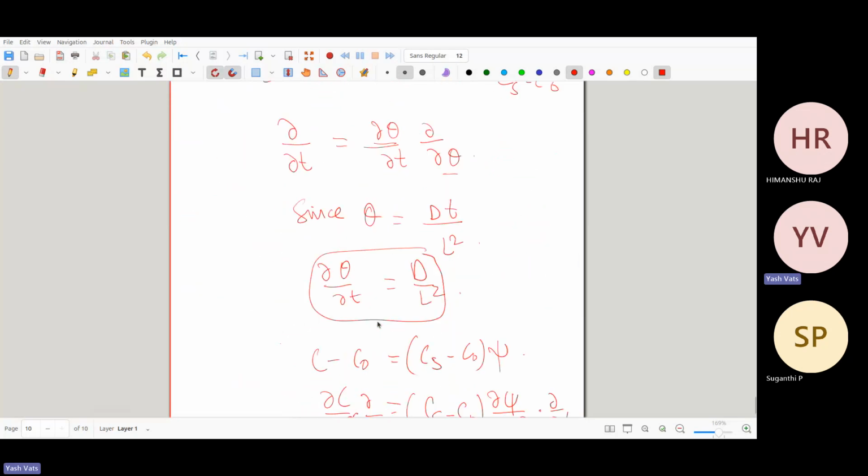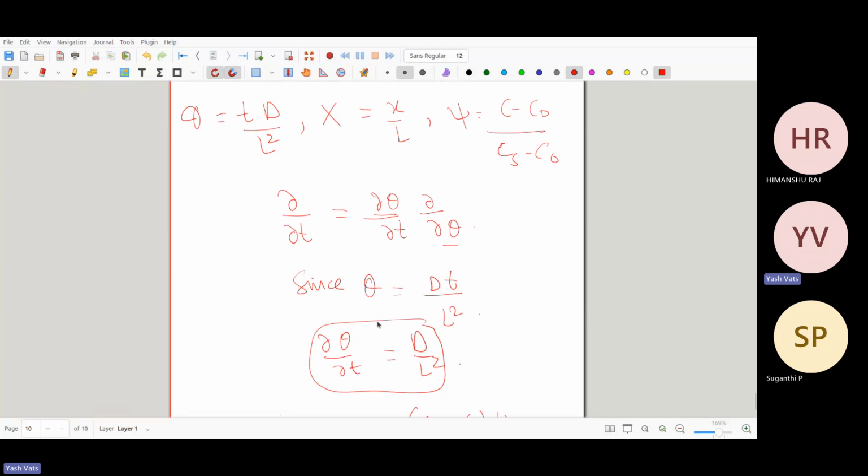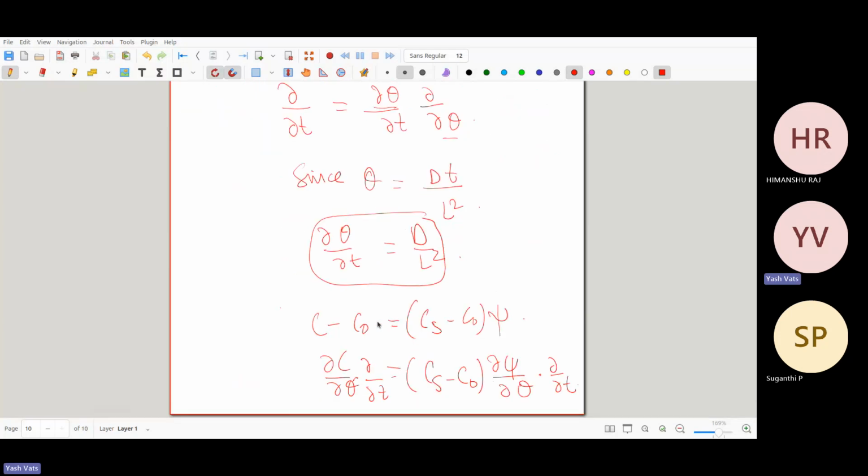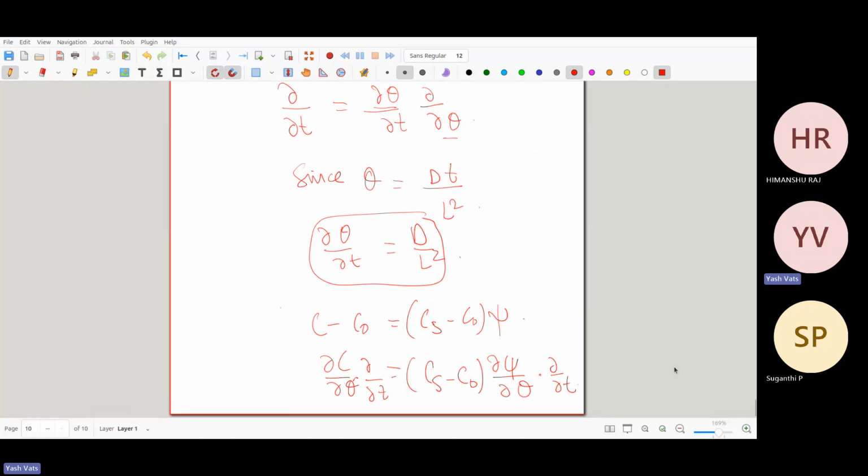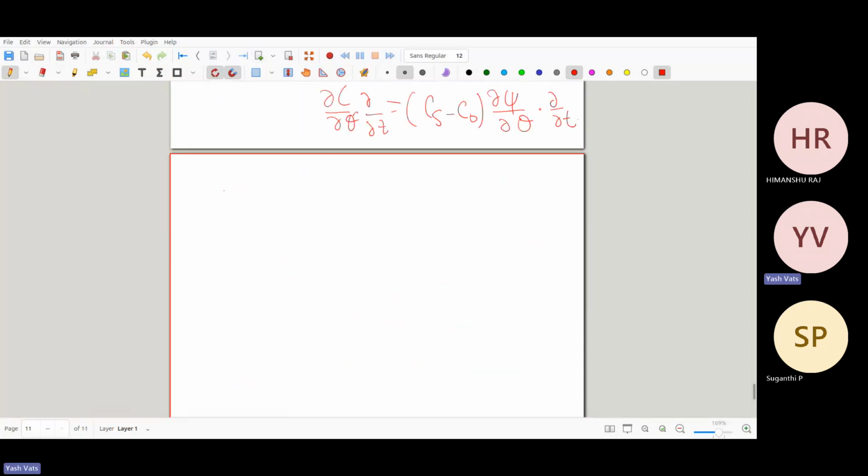But you have written del over del t as del theta over del t, and del over del theta. Okay. So del over del theta is just, let me see, okay. So after solving this, you get something like this: del c divided by del t equals cs minus c naught times D by L square, del psi over del theta.